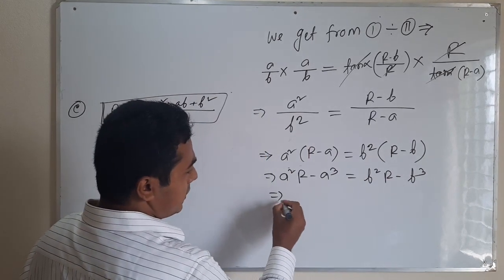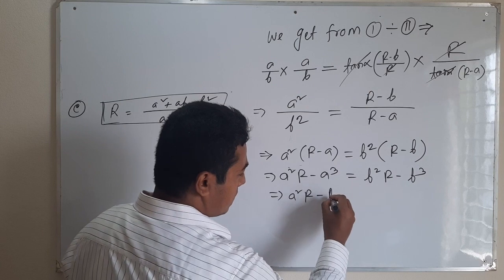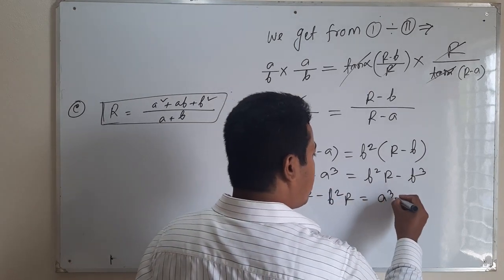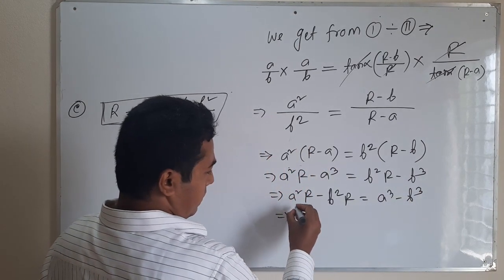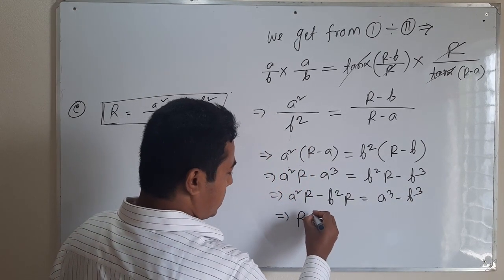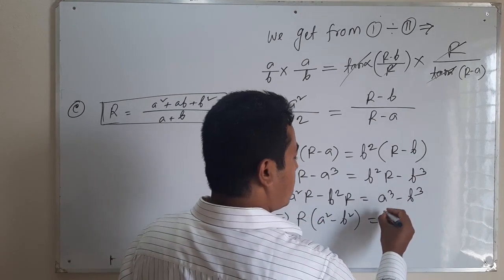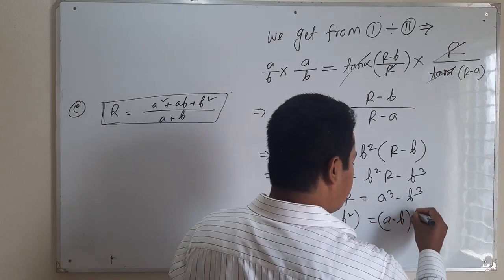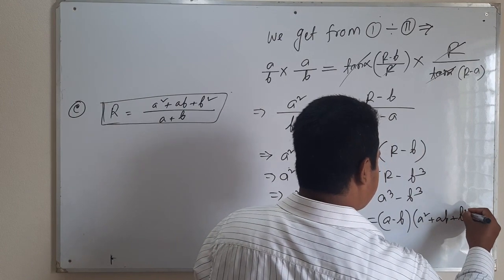Okay, a square R minus b square R is equal to a cube minus b cube. R is common, then a square minus b square, and the formula of a cube minus b cube is equal to a minus b into a square plus ab plus b square.